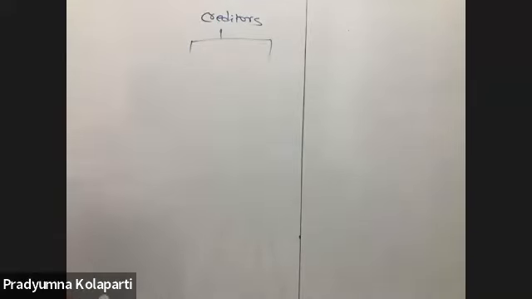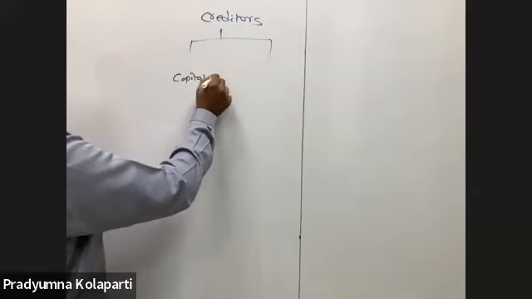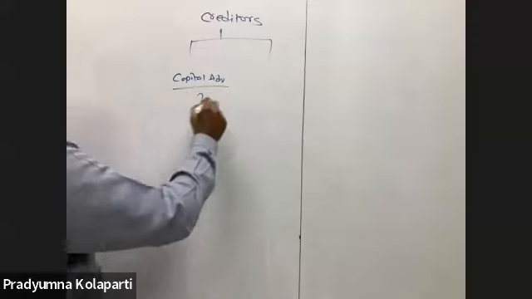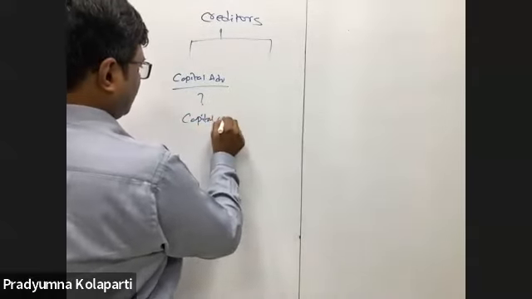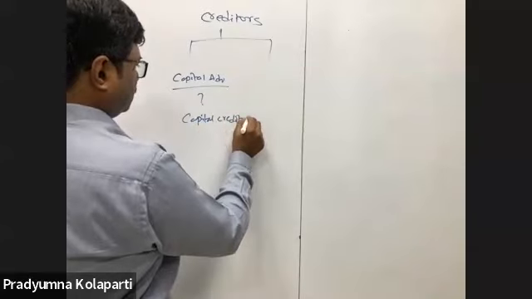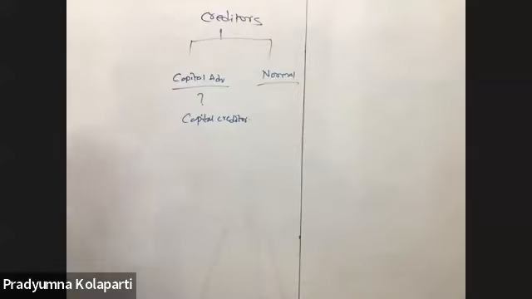In a similar way to how you have taken advances from customers, you would have given advances to creditors, then you have to show it on the asset side. But here there is another aspect, whether it is a capital advance, capital creditor, or normal creditor.